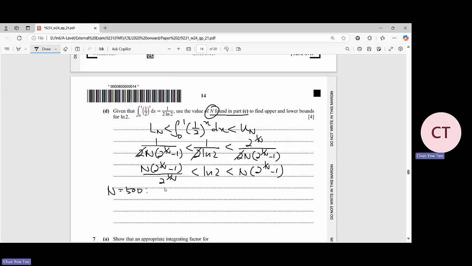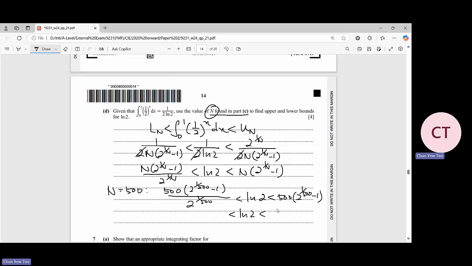So you just need to use your calculator. 500 times 2 power 1 over 500 minus 1, divided by 2 power 1 over 500. This is ln 2, and it's between that and 500 times 2 power 1 over 500 minus 1. So you just use your calculator.